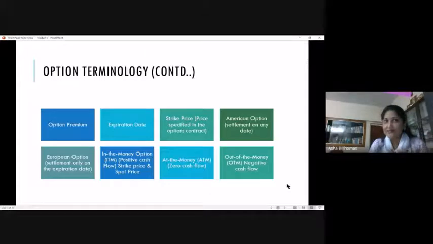Out of the money is a condition where, as I said, your right is to purchase an HUL share at 2,350, but currently the HUL share is trading at 2,000. Who will exercise that? Sometimes you might, because you expect that the market is going to be very bullish in the next 6 months.